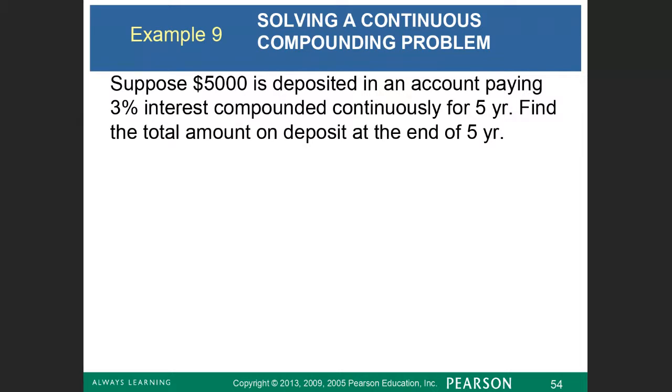So I'll give you a chance to read the problem here. Suppose $5,000 is deposited in an account paying 3% interest compounded continuously for 5 years. Find the total amount on deposit at the end of 5 years.